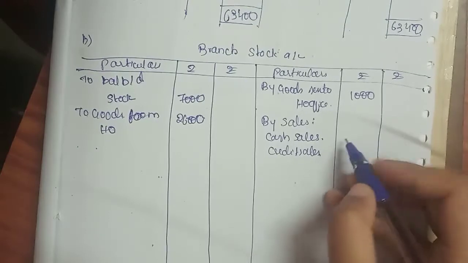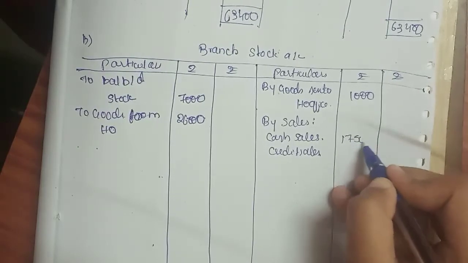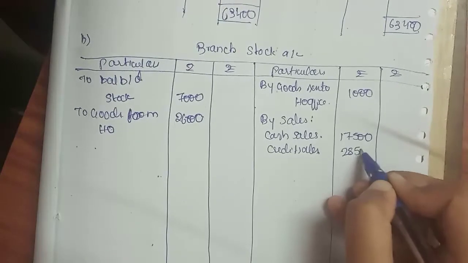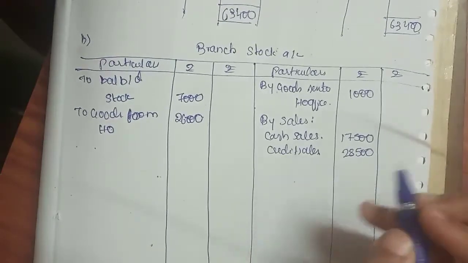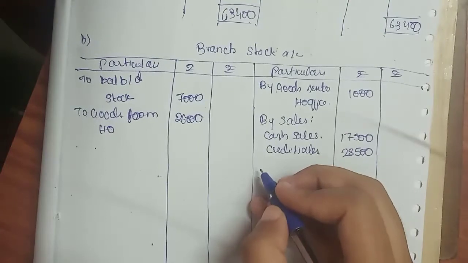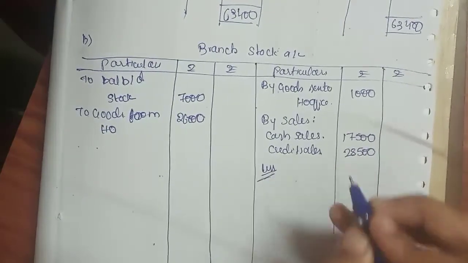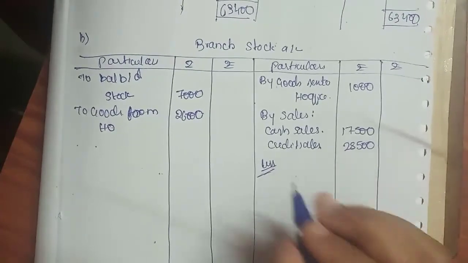By cash we are having 17,500. Next, 28,500 from credit sales.